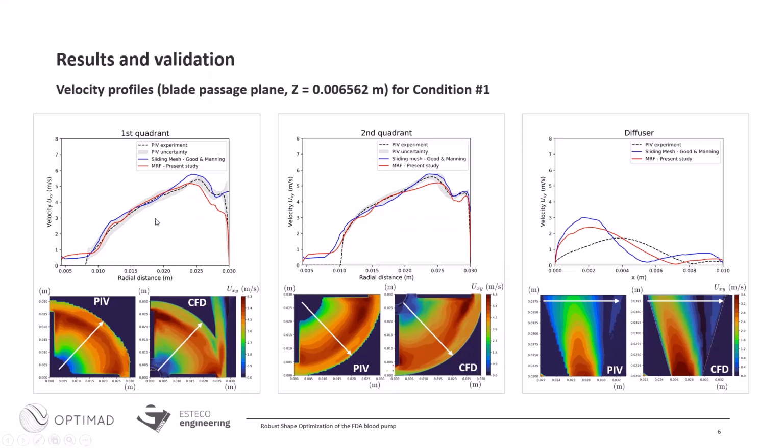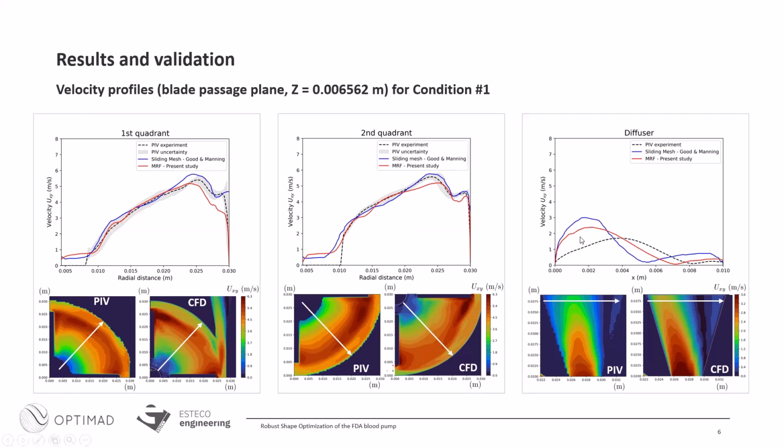If we look at the first quadrant, you can see that our results in red again fall within the uncertainty area of the PIV, except for this region where there is an under prediction at the tip of the blade. On the other side, if you look at the sliding mesh approach, there is a bit of over prediction. If you look at the diffuser region, you can see that the MRF approach generated a result that was closer to the experimental one.